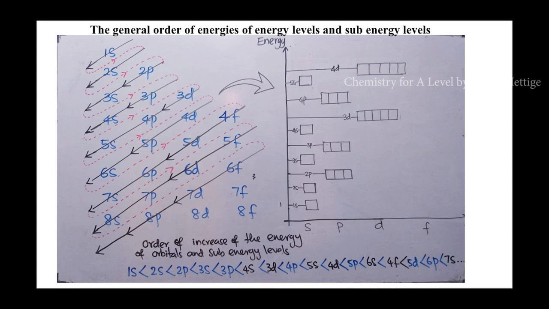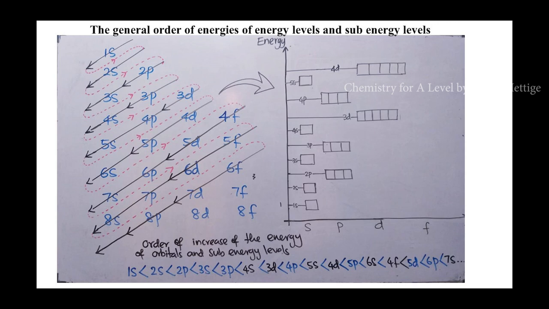Just below this diagram you can see I have written the variation of the energies of these sub-energy levels. So there you have 1s, 2s, 2p, 3s, 3p. After that, even though we expect 3d, it is 4s. That variation you can simply obtain using this diagram. For this variation there are different reasons. Normally in a given main energy level, the energy increases in the order s, p, d, f.